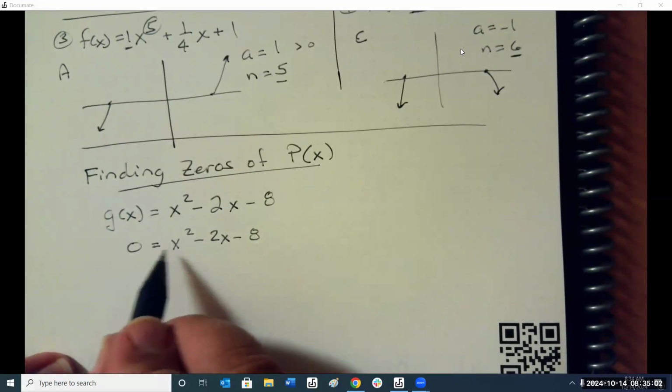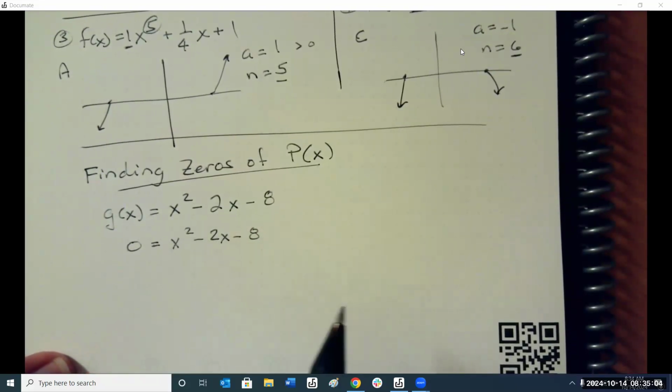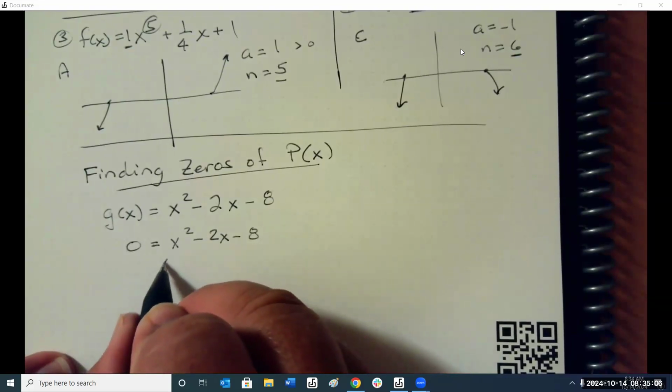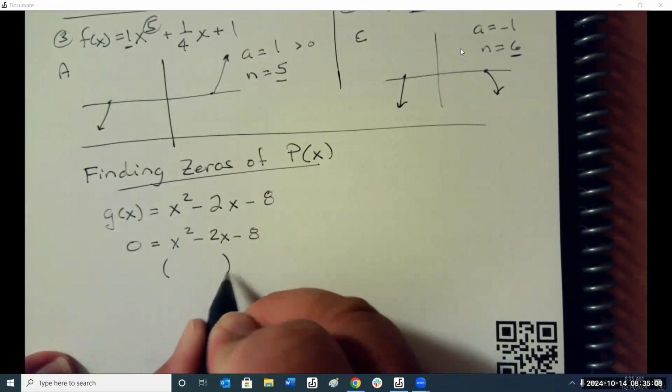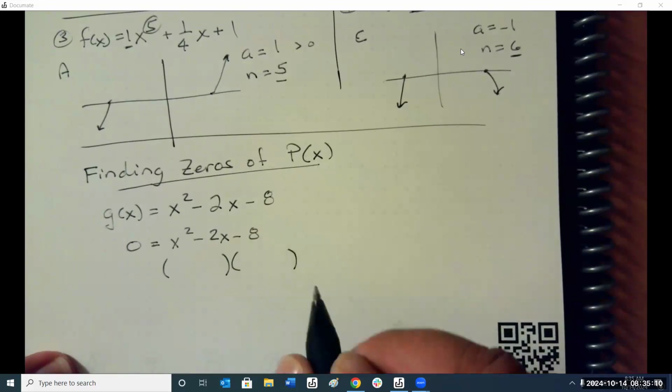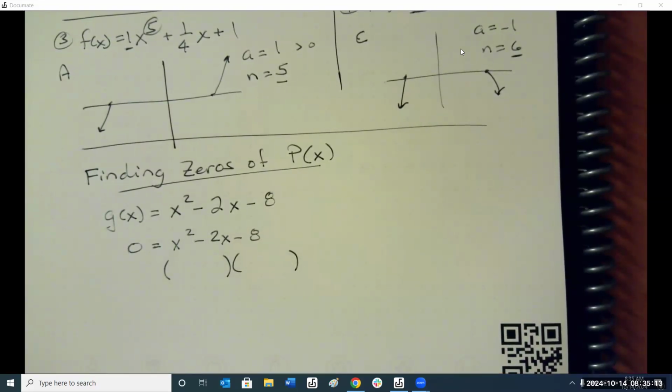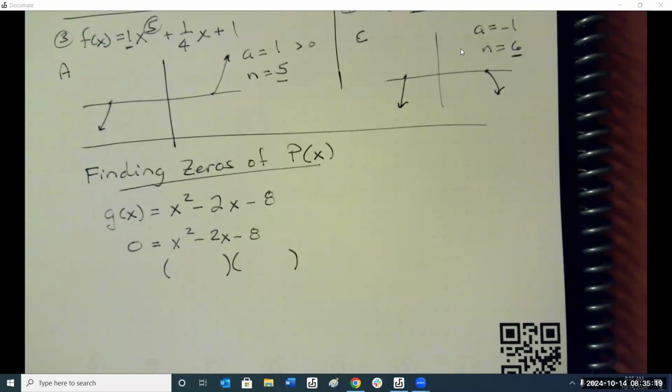It only works for quadratic equations. So I can tell you that the only method that works for higher order polynomial functions is factoring. That's the only thing that'll work.